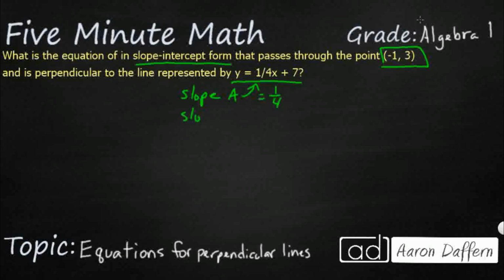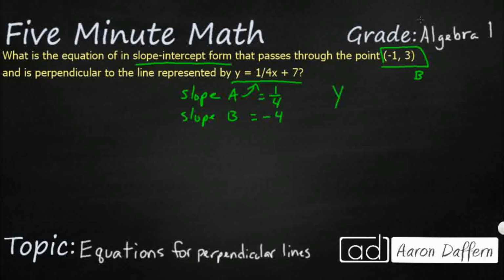Slope B, let's call that our new line, is going to be the opposite reciprocal. Since that's a positive 1/4, this is a negative. And since that's 1 over 4, our reciprocal would be 4 over 1. We just flip it. 4 over 1 is really just 4. So we know the slope is going to be negative 4.